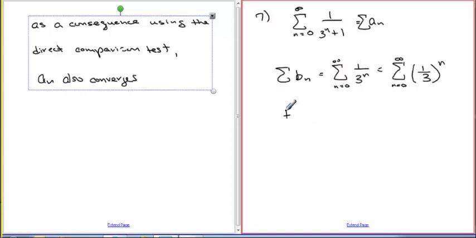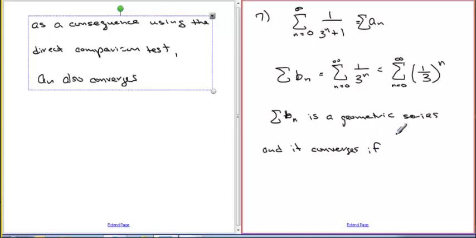So we can say the summation of b sub n is a geometric series, and it converges if the exponent... let's go back and look at it.